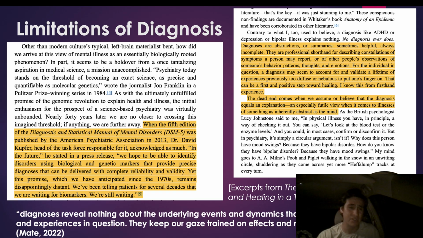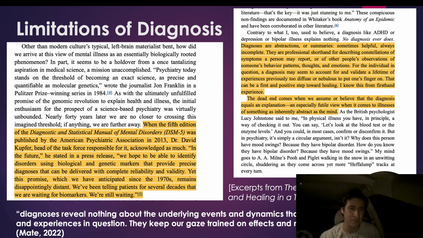When the 5th edition, the DSM-5, again, the Bible of mental health practice, was published by the APA in 2013, Dr. David Kupfer, head of the task force responsible for it, acknowledged the following.